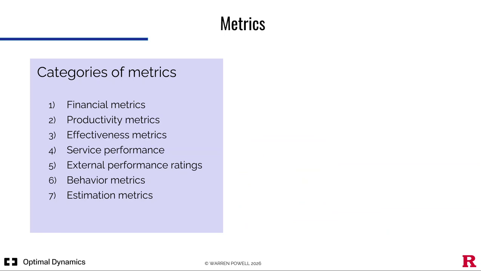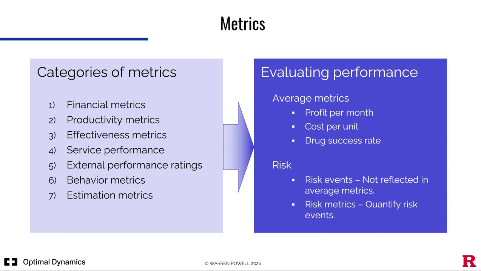Now, there are many, many metrics, but you can organize them by categories of metrics. Right now, I'm up to 7 categories of metrics. And then when you go to measure the metrics, you start off by measuring how well you're doing on average or over time. But you also have to recognize that occasionally there's these hiccups. And these hiccups, I call them risk events. These are events that are not captured by your averages.